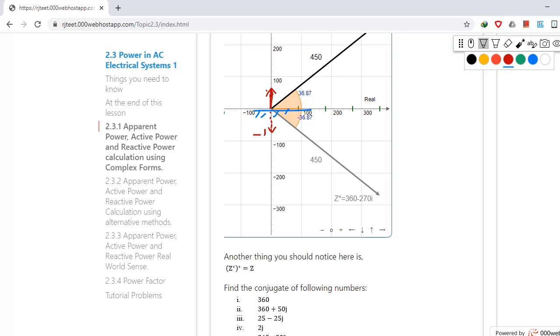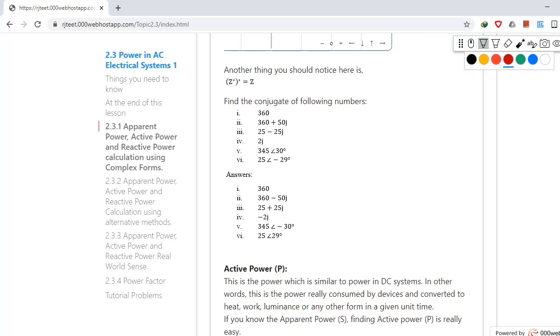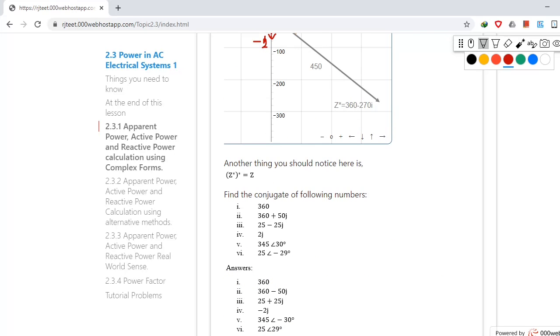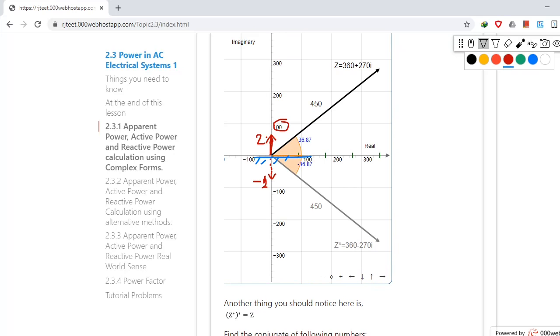And it should be negative 2. So here you have positive 2, and remember this is not in the same scale, right? So not to this scale, but this is the idea. So all the other numbers, if you would draw them on the complex plane, you would understand we're talking about the same principle here. You're looking for the mirror image through the horizontal axis, right?